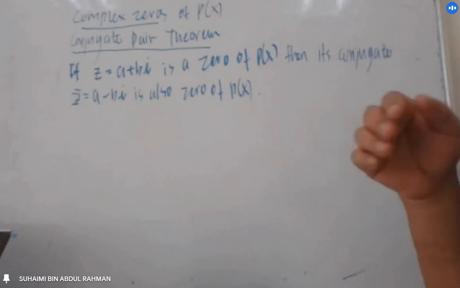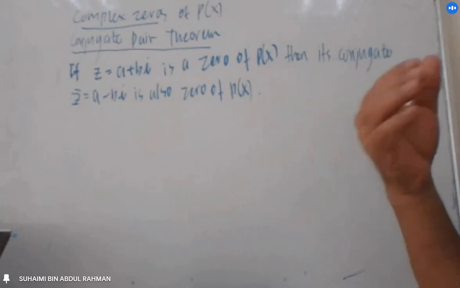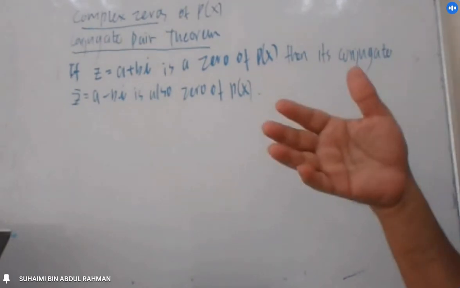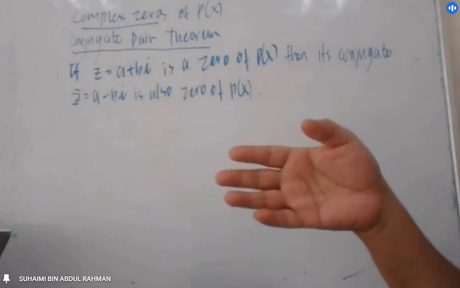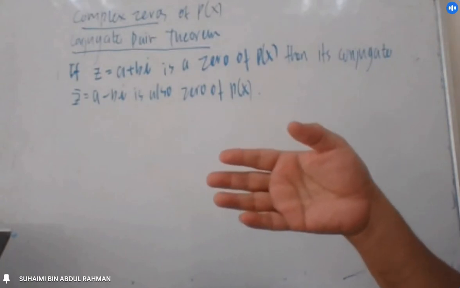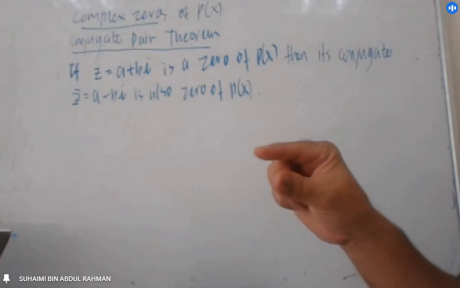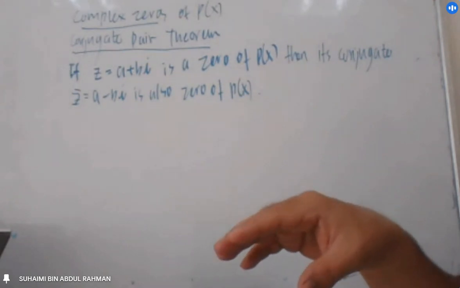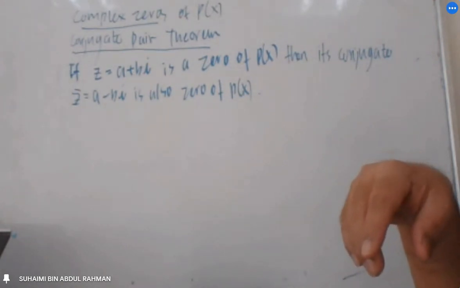If you remember the last example of last week, where we wanted to find the zeros of the polynomial that I gave to you. Have you got the note for the last example?